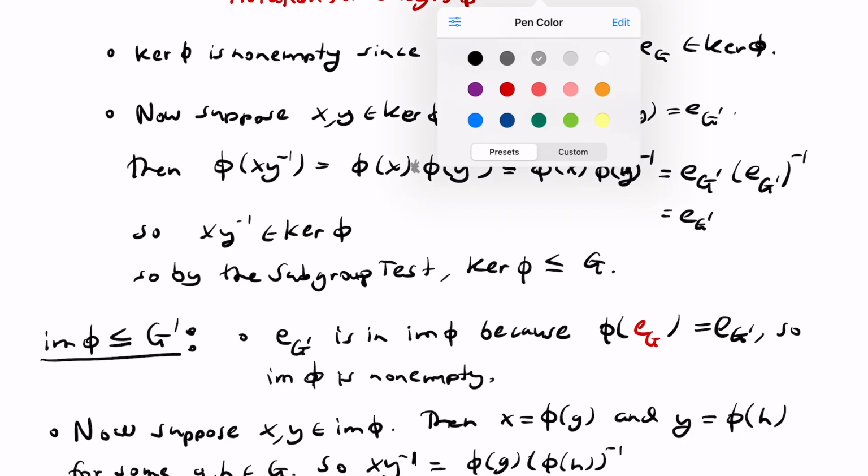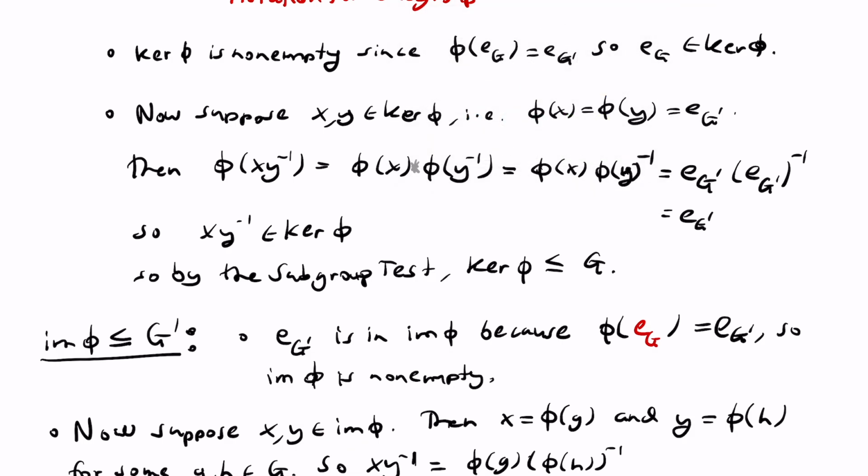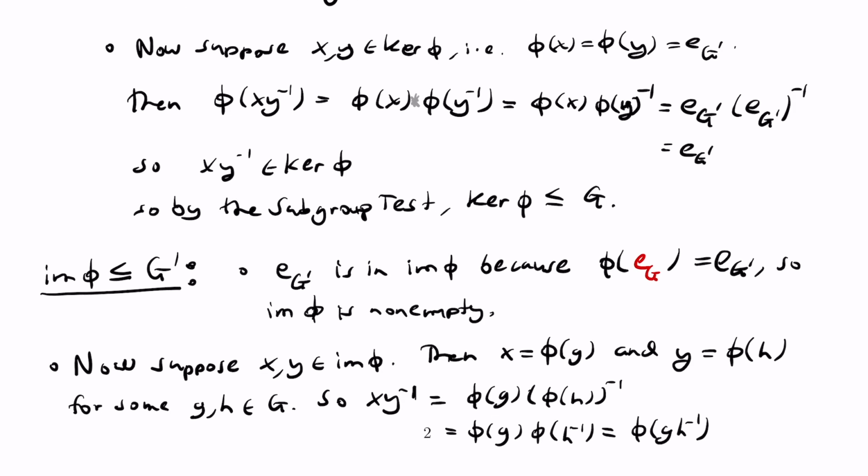Okay, so we can kind of do what we did before a little bit backwards. This is phi of g, phi of h inverse, and then using the multiplicativity, this is phi of g h inverse. Great.